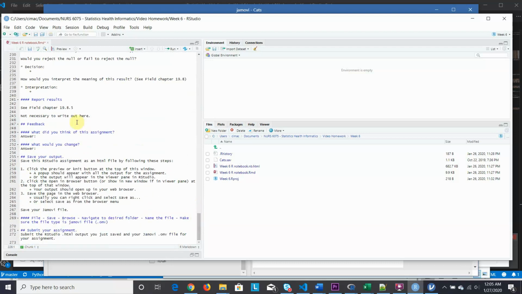And the rest of this is similar to other assignments. You can give some feedback and then save your RStudio file.